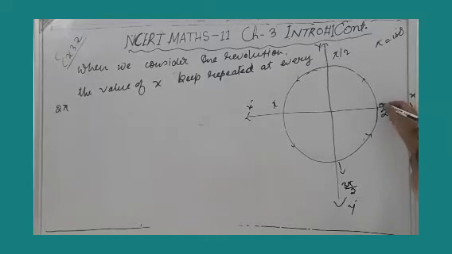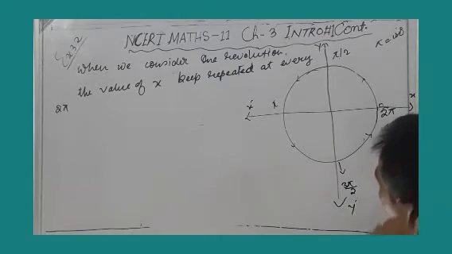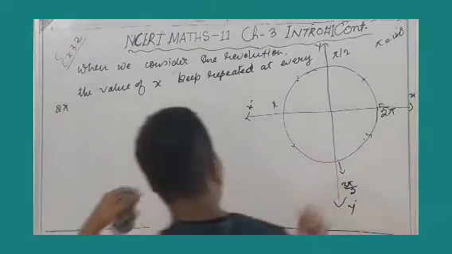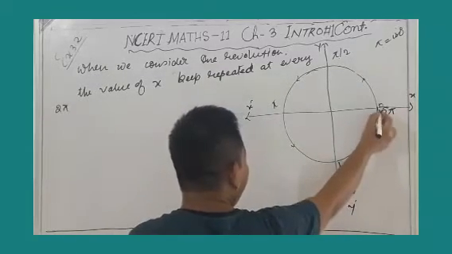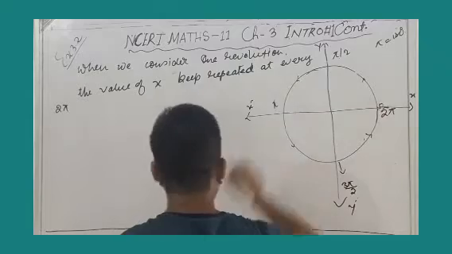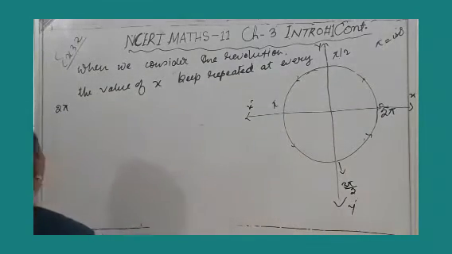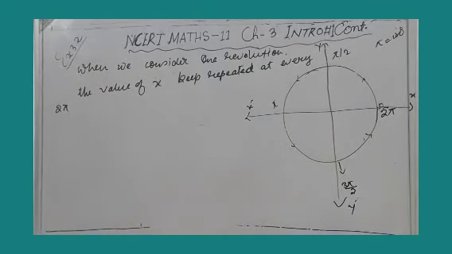At this point it is 0, and at 2 pi also 0, 4 pi also 0, 6 pi also 0. That means you will get some kind of integral multiple, and here also it is 0, at this point and at this point. So the value of x keeps repeating at every 2 pi.